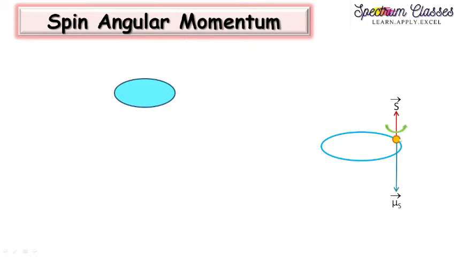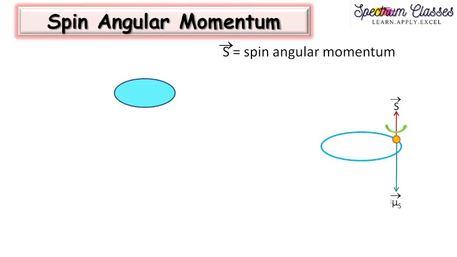Since it is a moving charged particle, it behaves like a magnet, and it has a certain magnetic dipole moment, the spin magnetic dipole moment, which is represented by this mu s. S stands for spin, mu stands for magnetic moment, and it is again a vector quantity. It has a direction, therefore I have written a vector sign over it.